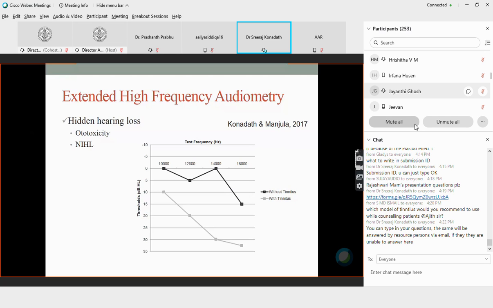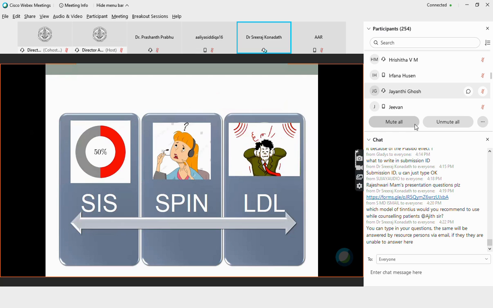So if you're not finding a reason why this individual is having tinnitus, the first step would be doing high frequency, extended high frequency audiometry, and then finding out if the individual has some amount of loss. Then go to other tests: SPIN, SIS and LDL.